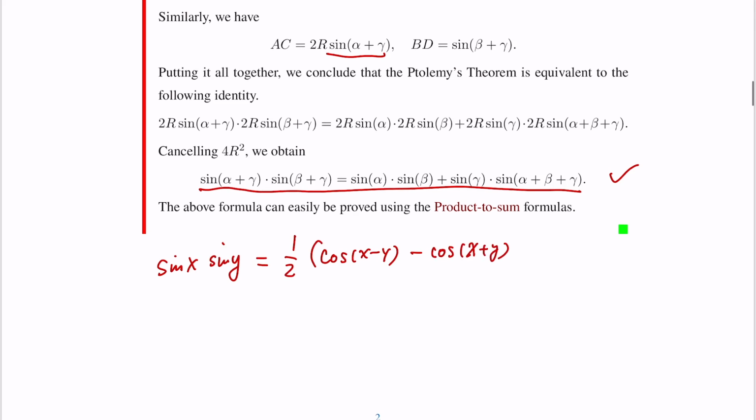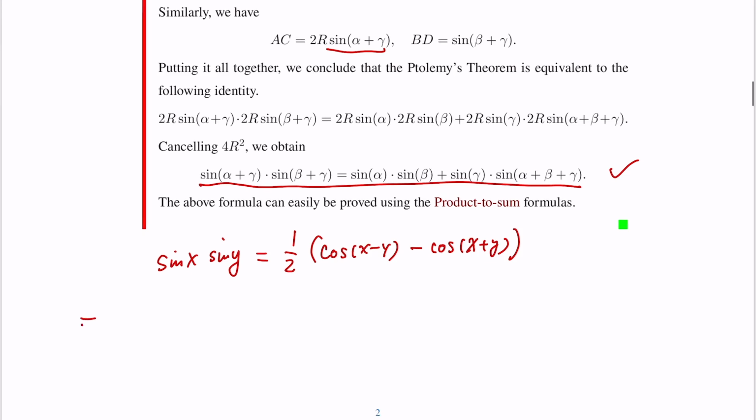So that's the formula. And if we use that formula in a smart way, we can turn the left to the right. The easiest way is, since both sides are products, I can basically turn them to sums and subtractions for every one of them. Maybe we can do that. So the left-hand side, by the formula, is half of cosine of the subtraction, which is alpha minus beta, minus cosine of the summation.